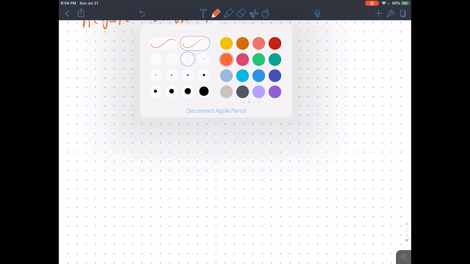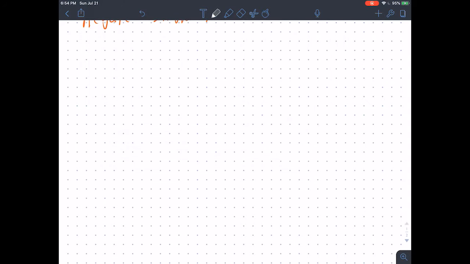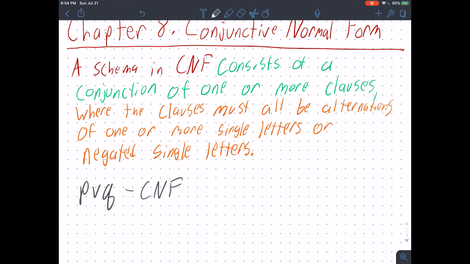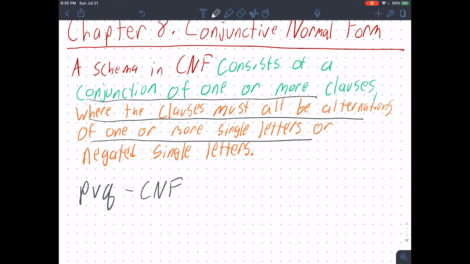So, examples of conjunctive normal form. Well, the schema P or Q, right? That's in CNF. So let's look at our definition. A schema in CNF consists of a conjunction of one or more clauses, and the clauses all have to be alternations of one or more single letters or negated single letters.